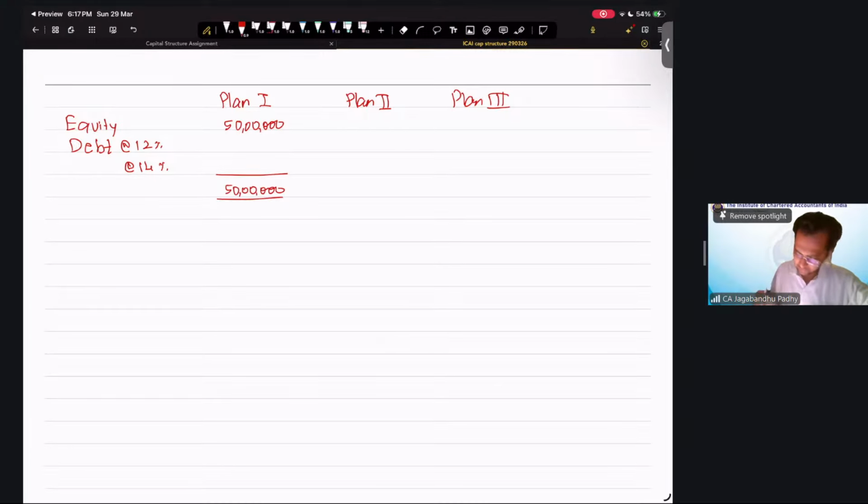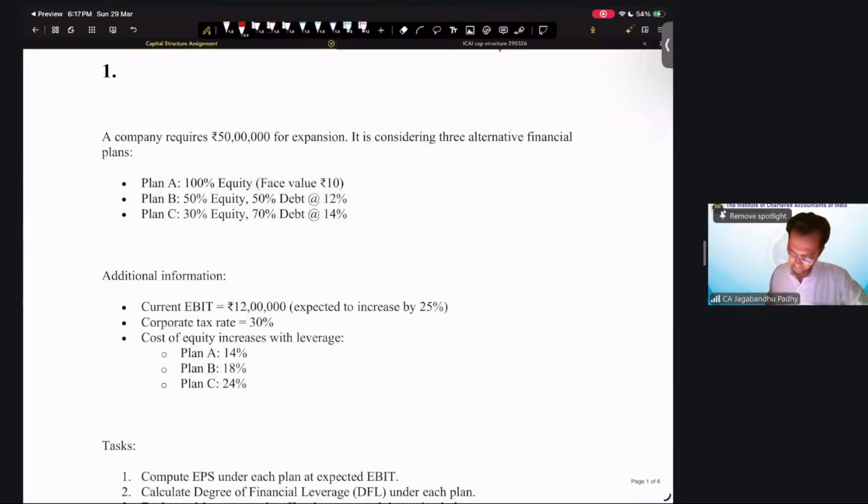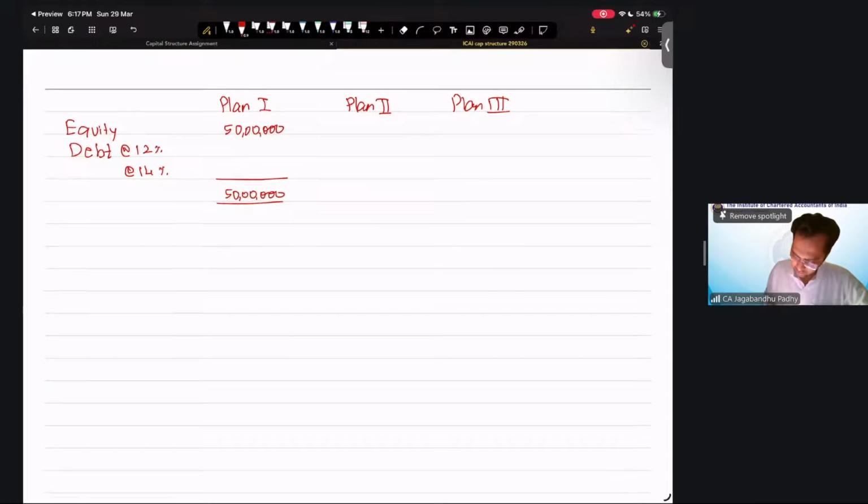Total 50 lakhs. Plan 2, 50% equity, 50% debt at 12%. So it is 25 lakhs and another 25 lakhs. Total 50 lakh.